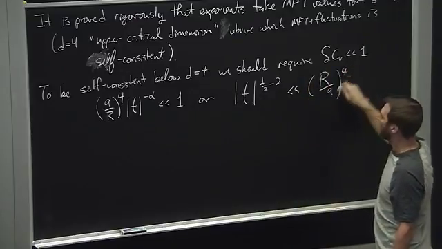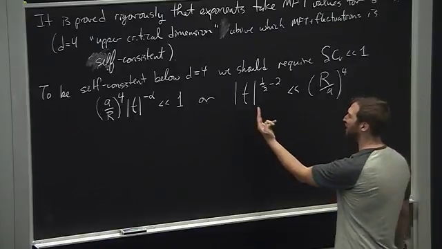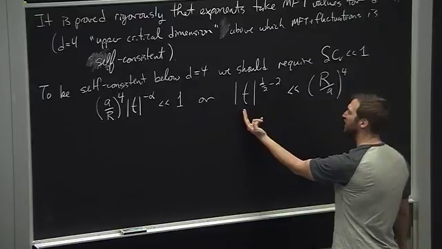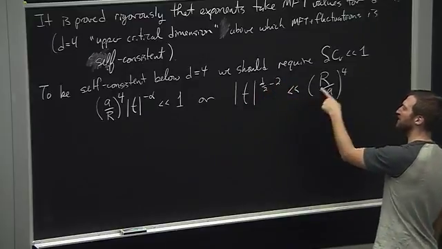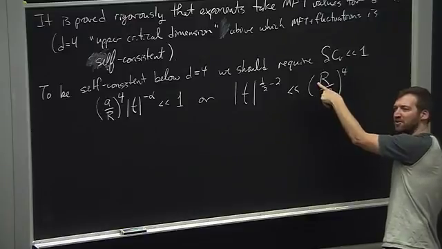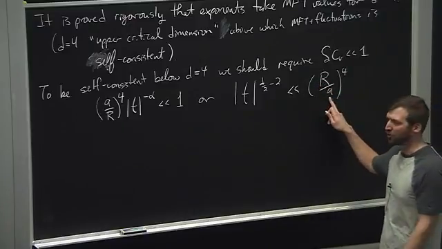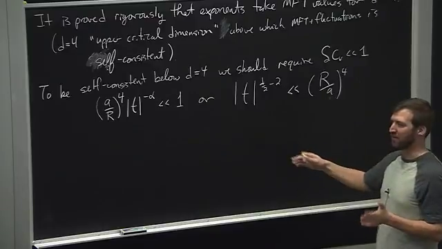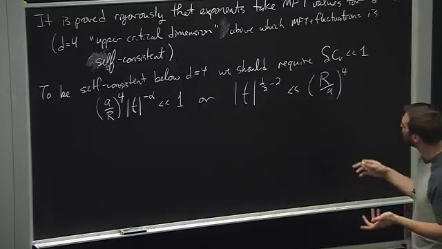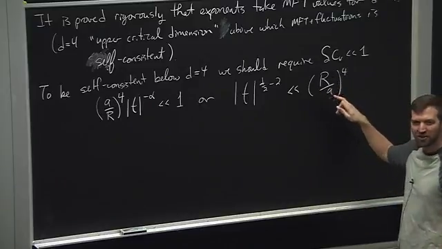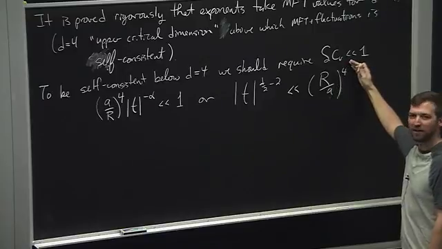Okay, so there's a condition to be self-consistent. It's that the reduced temperature, raised to this power, has to be much less than basically this effective interaction range over the lattice spacing, okay? So you can say, well, maybe there's some systems where this thing is large enough that this condition is satisfied.